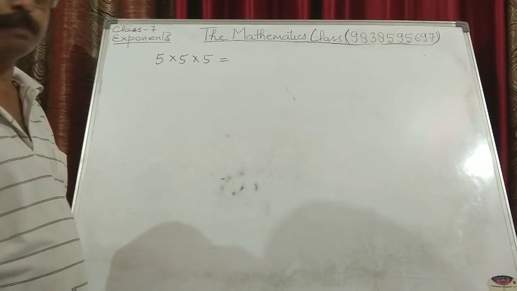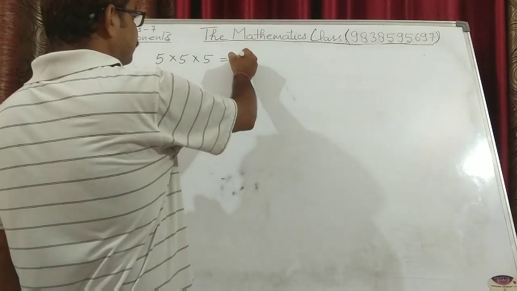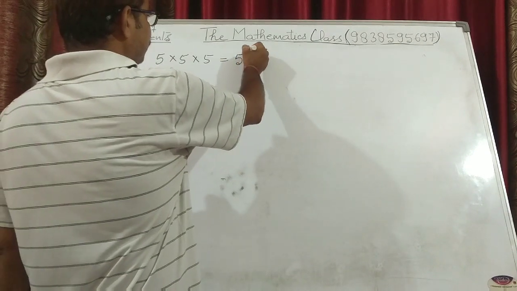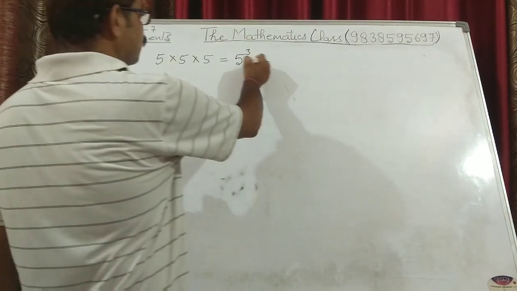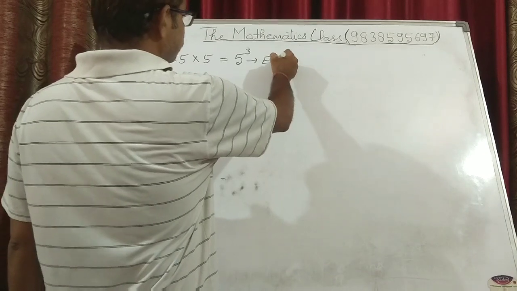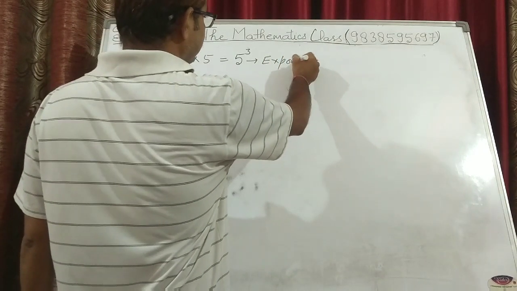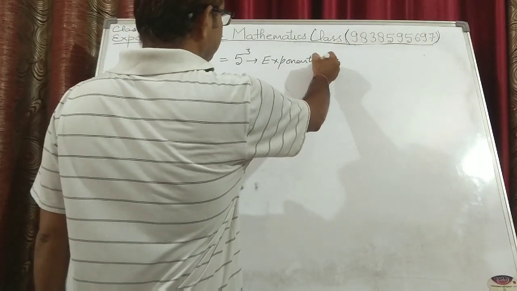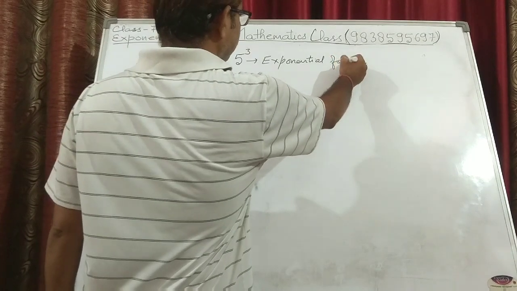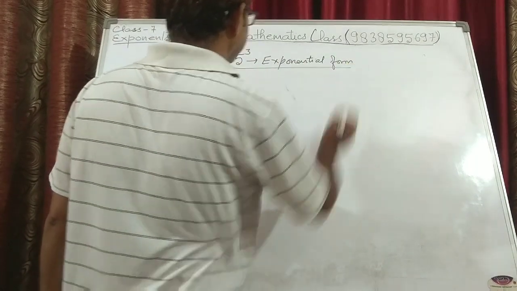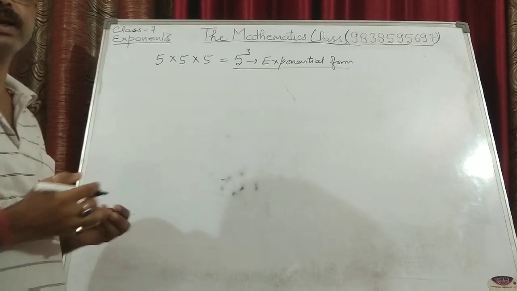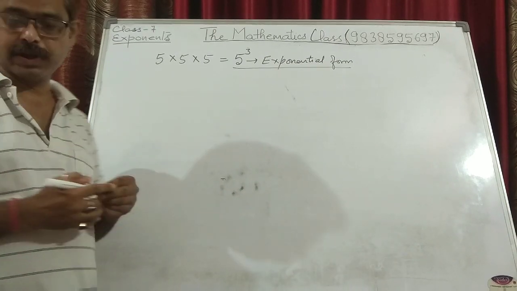How can we write it in compressed form? We can write it as 5 to the power 3. So this form is known as exponential form. Today we will be learning something about exponential form.